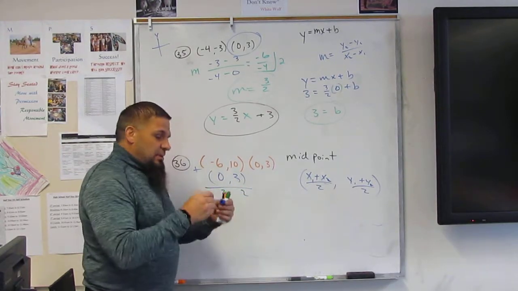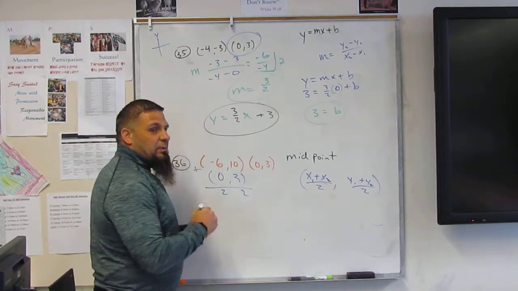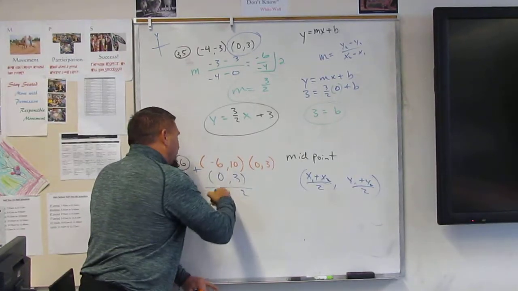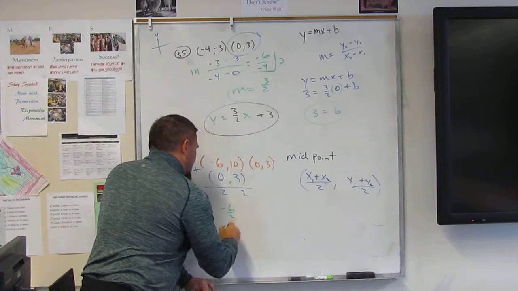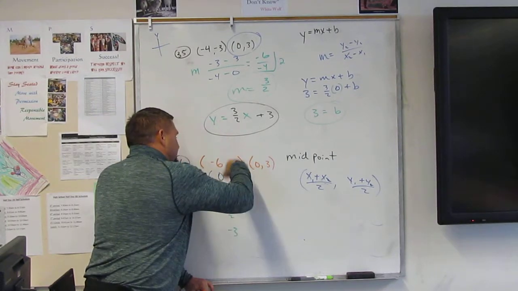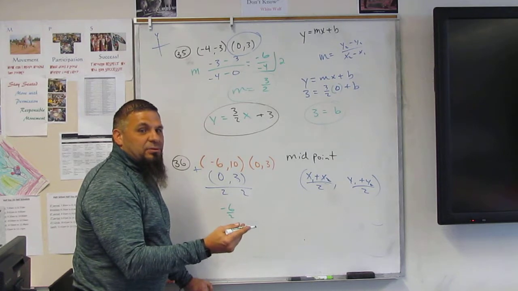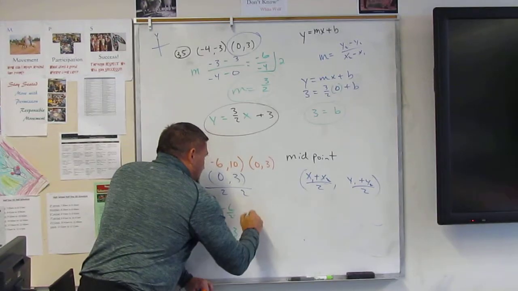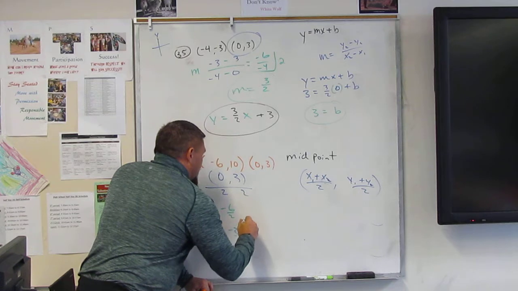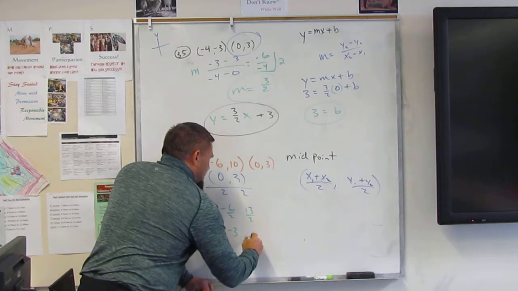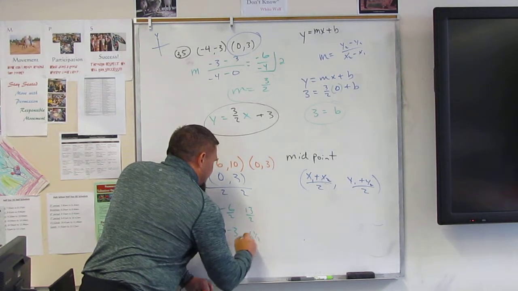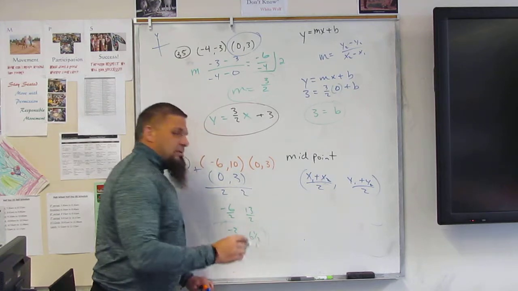So they said, that's just negative 6 over 2, which is negative 3. And they said, that's 13 divided by 2, which is 6.5. My bad, 13 over 2, which is 6 1/2. And there you go. You're done.